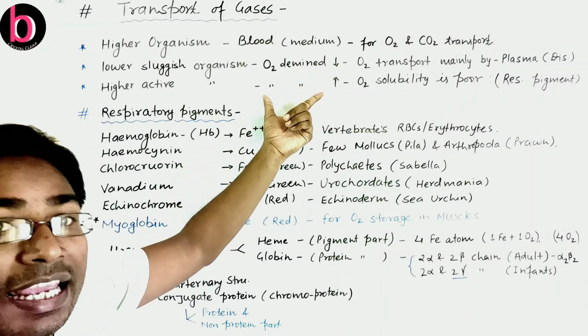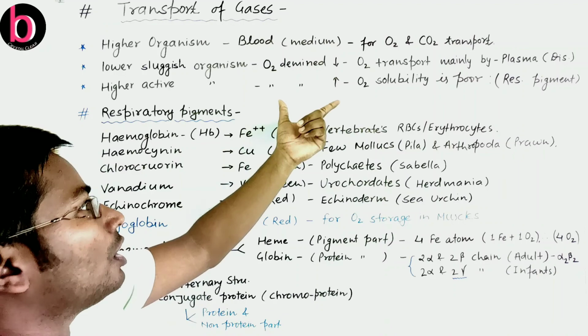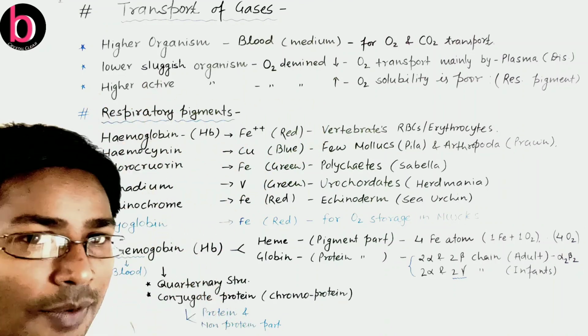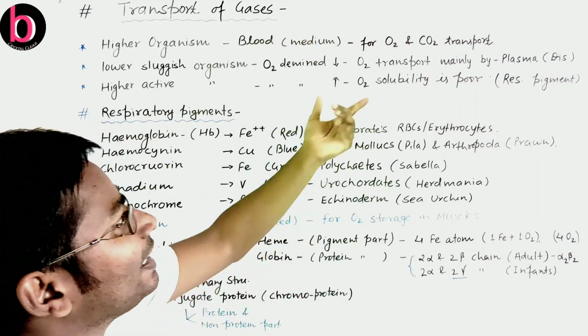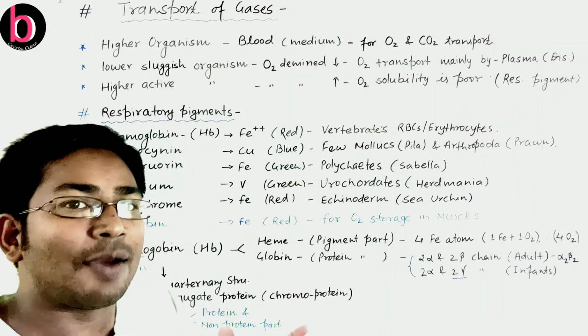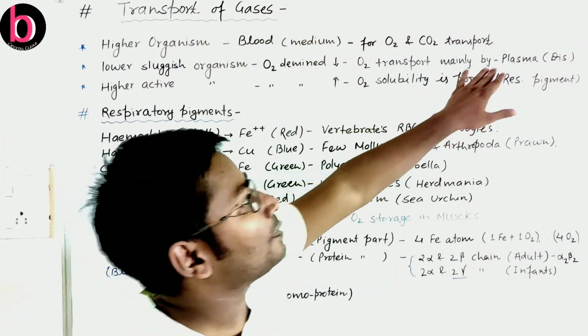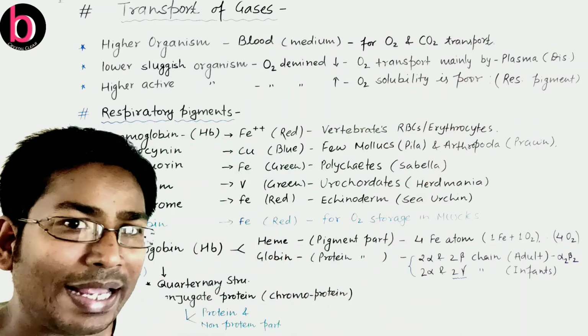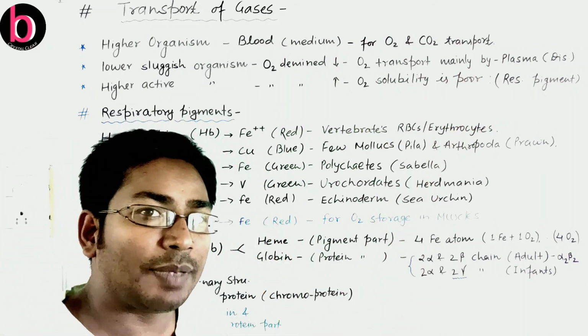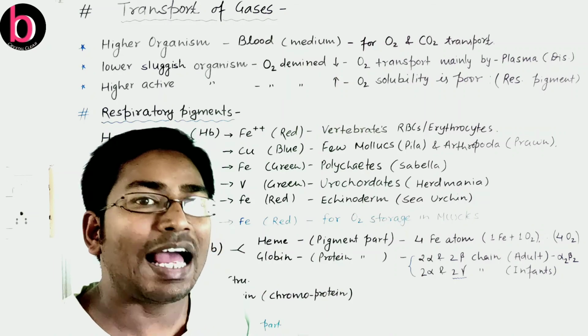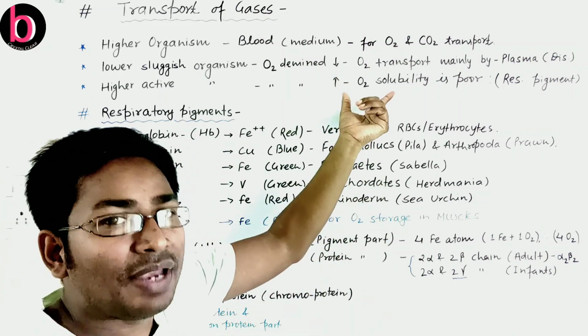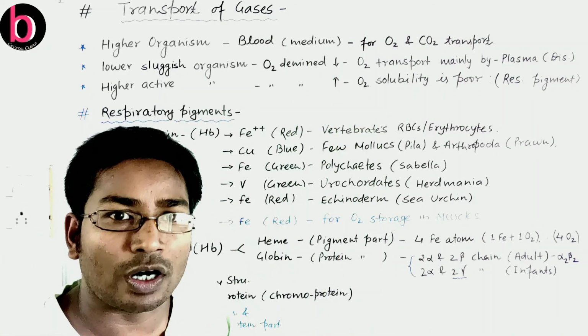So in active or higher organisms the demand for oxygen is very high, and this high amount of oxygen cannot be carried by the plasma of blood. Why? Because plasma is mainly composed of water and oxygen is very poorly soluble in water.